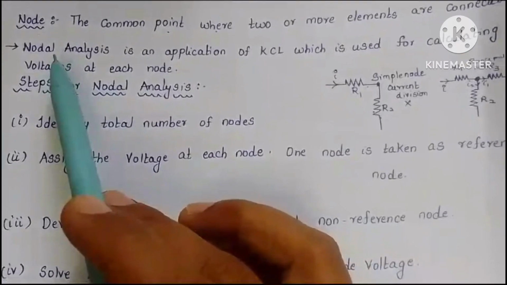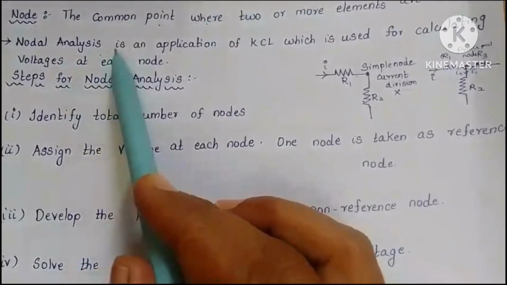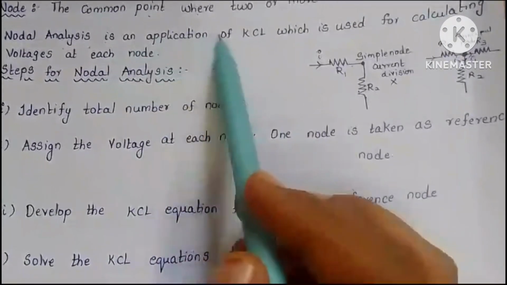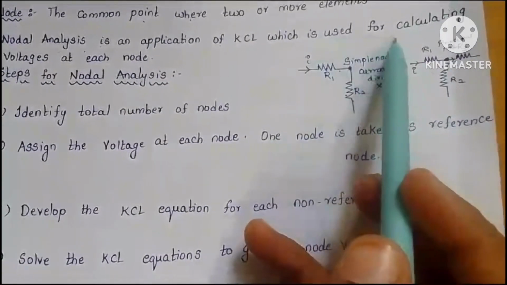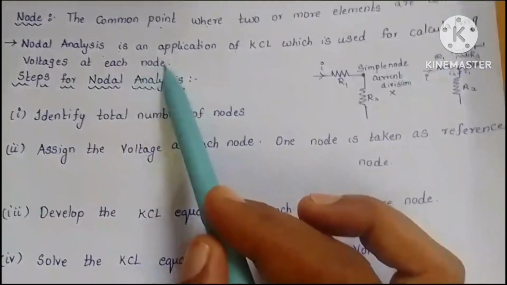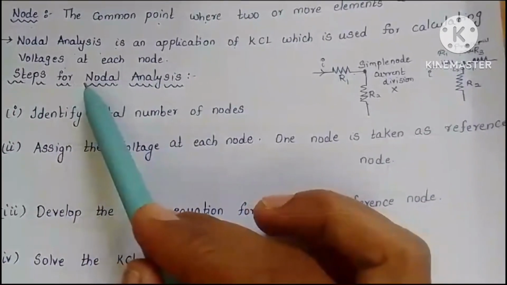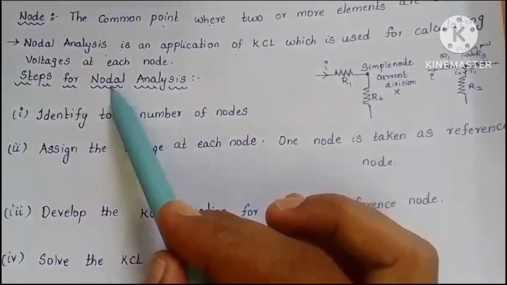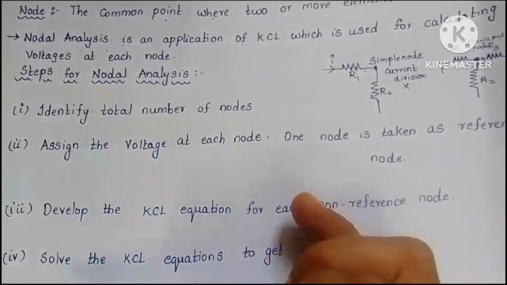Nodal analysis is an application of Kirchhoff's current law, which is used for calculating the voltages at each node. When we go for the analysis using nodal analysis, we have to follow the following procedure.